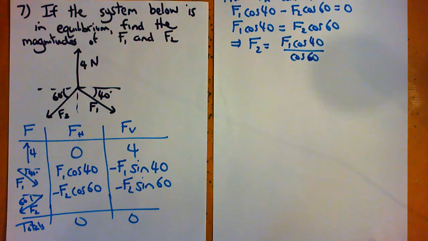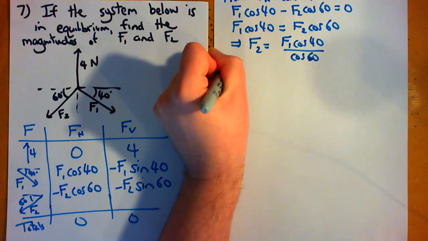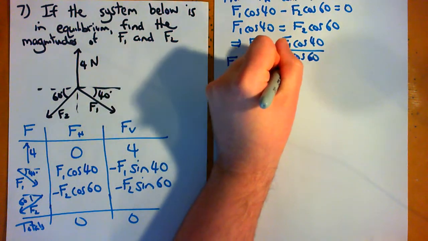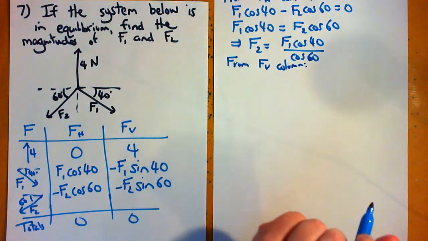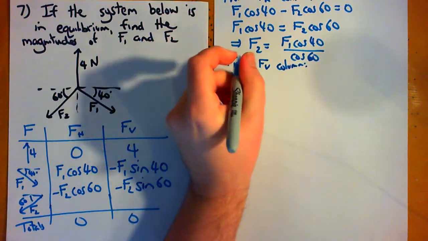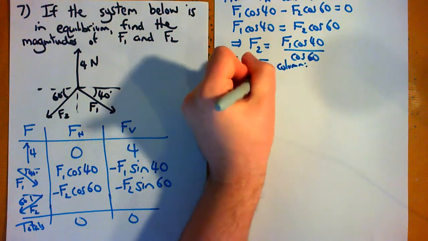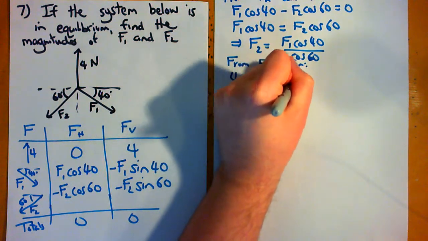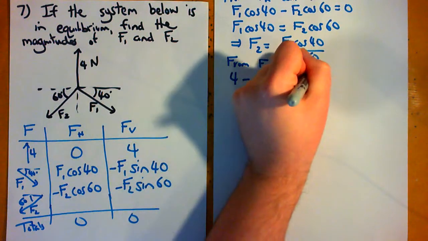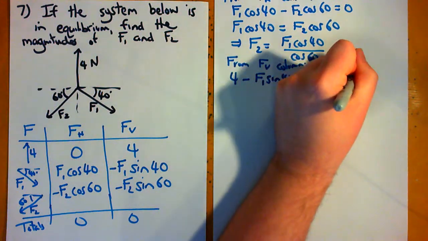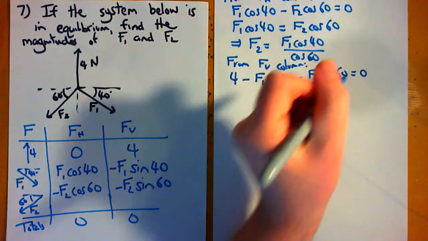Okay, so now we look at the other equation, which is from the FV column. So we've got 4 minus F1 times sine of 40 minus F2 sine of 60 equals 0.